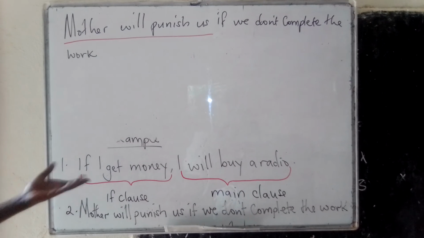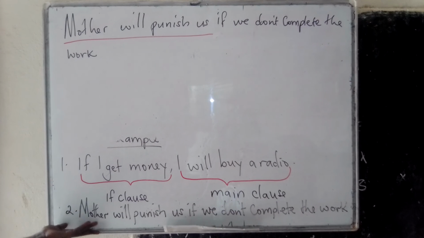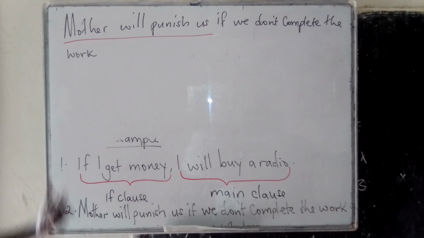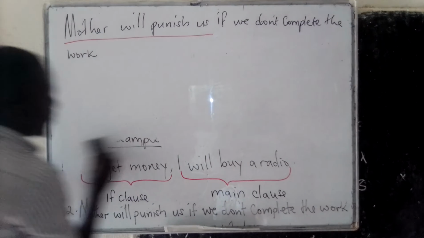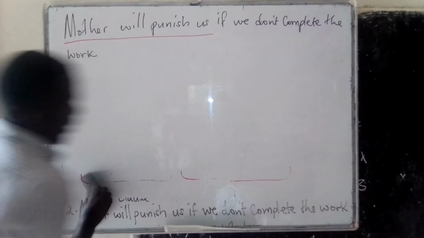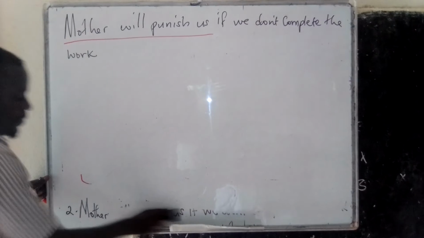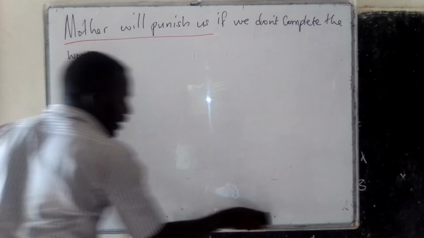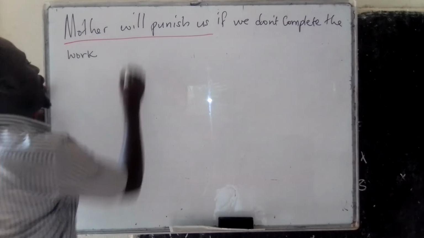I've showed you example 1 begins with the main clause, and example 2 begins with the if clause, and this one begins with the main clause. Now, our activity will be just super simple. It will be in the if clause, and I will ask you to rewrite the same sentences, but beginning with the main clause. Activity.